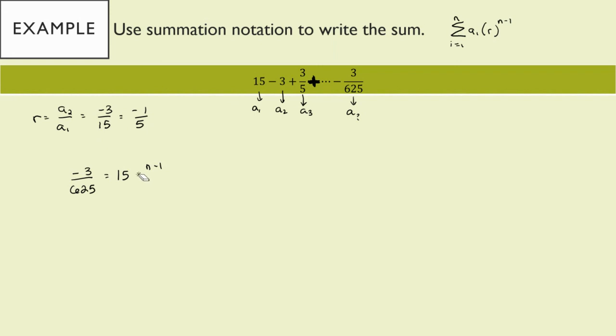And we know what r is, so I can plug that in, negative 1 over 5. But we don't know what n is. But we know that whatever you plug in for n, you're going to get that term. So we're going to be solving for n, which means taking logarithms. The first thing that I would do is divide both sides by 15.